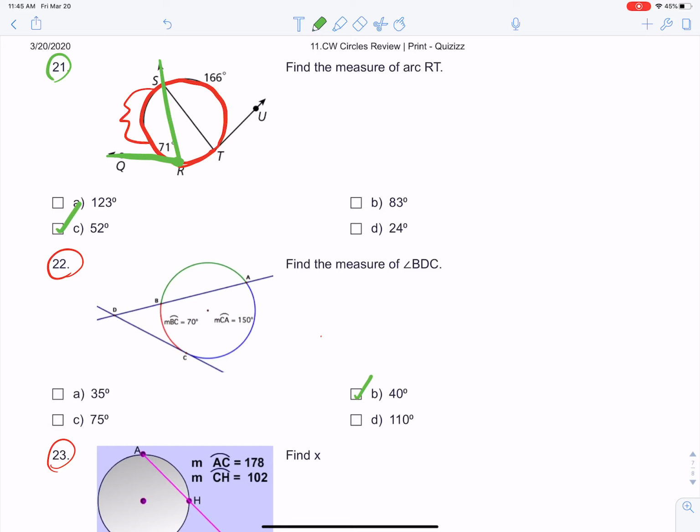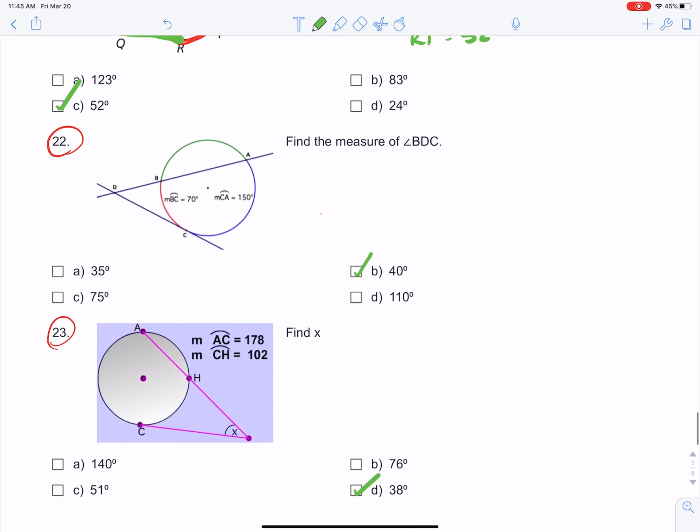So this arc is 142 degrees. Together we have 166 degrees plus 142 plus arc RT giving a total of 360 degrees. So 166 plus 142 is 308, plus RT equals 360, and we get RT equals 52 degrees.